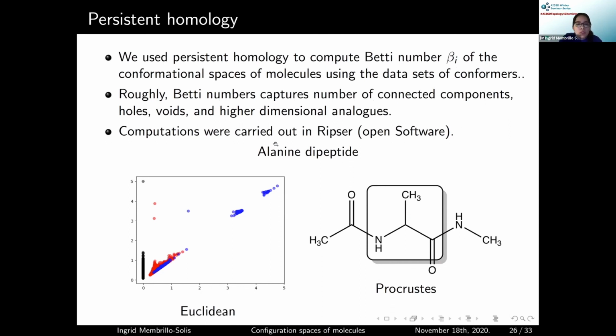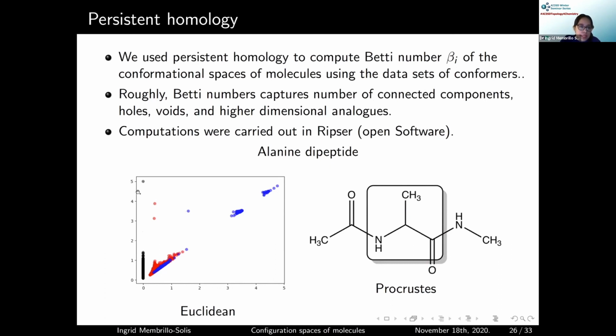Here I'm just showing the persistent diagram associated to the alanine dipeptide. The topology of the alanine dipeptide is given by a torus, and we know from the theory that it must have one connected component, two holes, and one void.